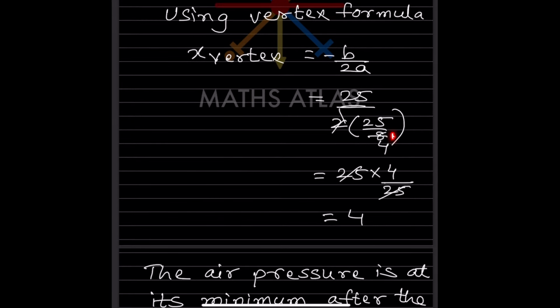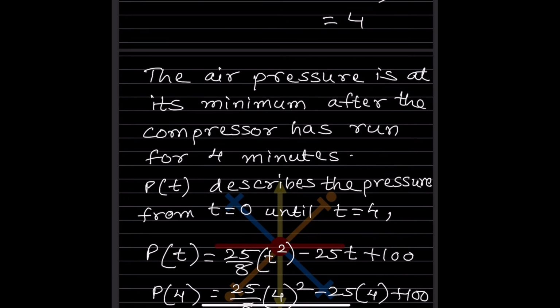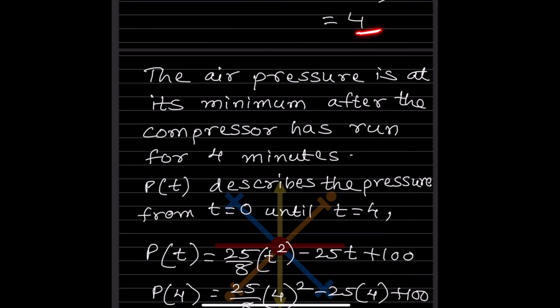So that is 25/8. Now the numerator is going to be the same, but the denominator we can simplify: 2 times 25/8 is 25/4. Since 25/4 is in the denominator, it is going to flip over, so that is 4/25. So this and this get cut. So the answer is 4. Now we can write here that the air pressure is at its minimum after the compressor has run for 4 minutes.